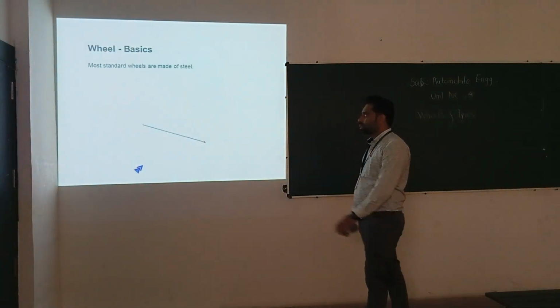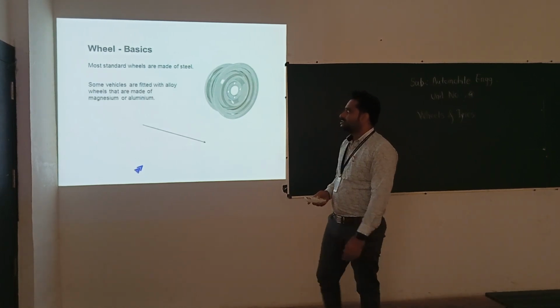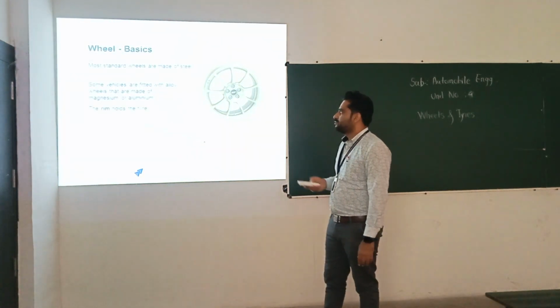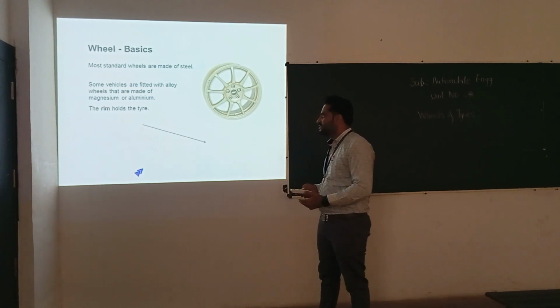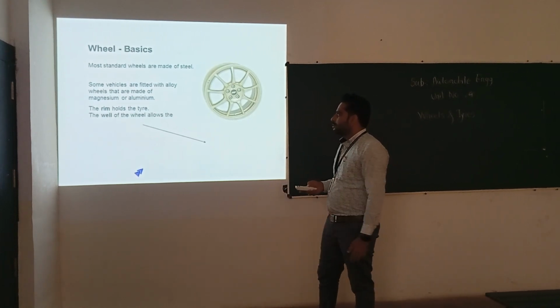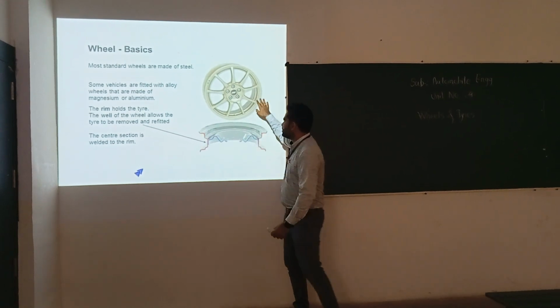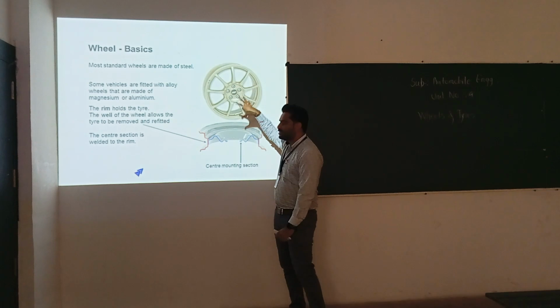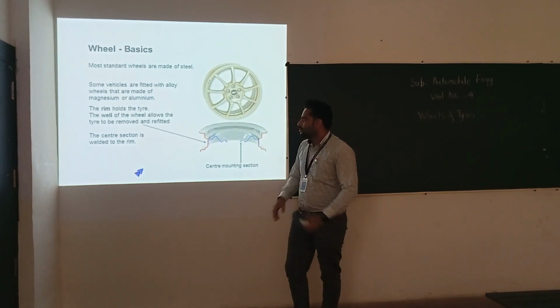Next point: wheel basics. What are the wheel basics? Most standard wheels are made of steel. Some vehicles are fitted with alloy wheels made of magnesium or aluminium. The rim holds the tire, and this rim is fitted on the central disc.